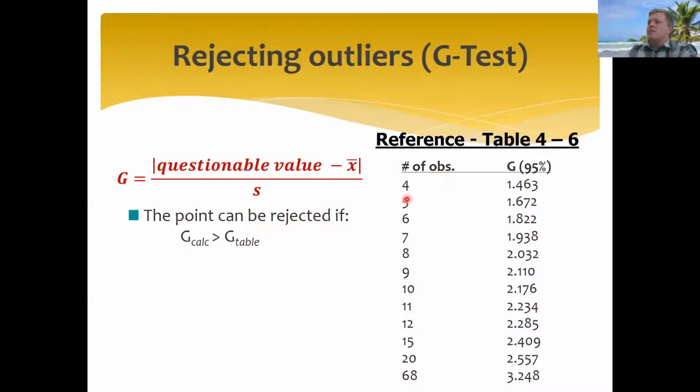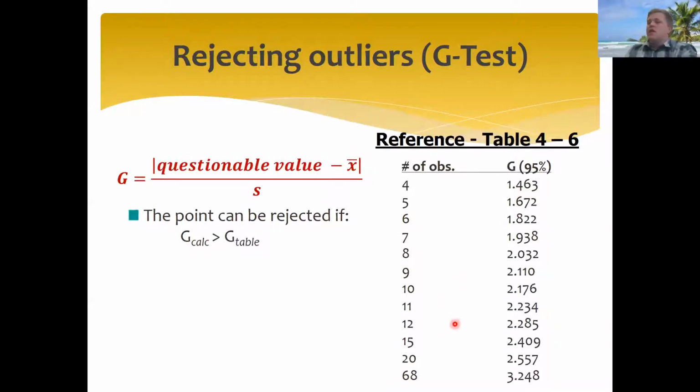Now for the G table, we're actually just working with number of observations here, not degrees of freedom. So in our UNO attack experiment, we took 68 measurements. So we have to go down on this table till we find, oh, 68 happens to be here. That's actually because I had to look up the value for 68 and add it to this table. Table 4.6 doesn't actually have that.